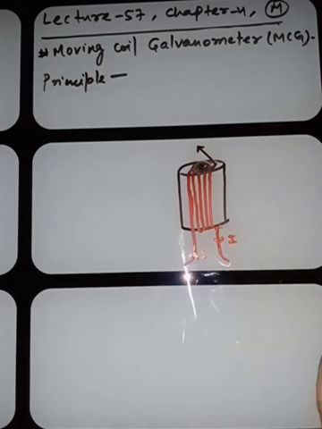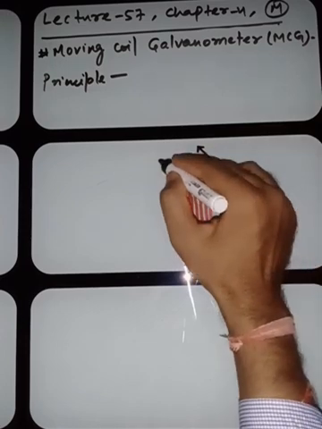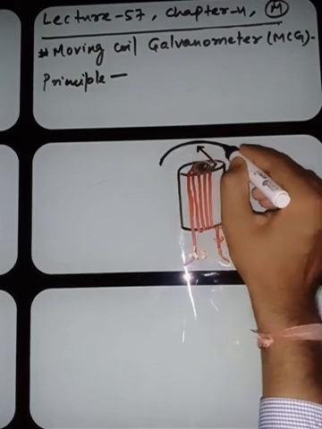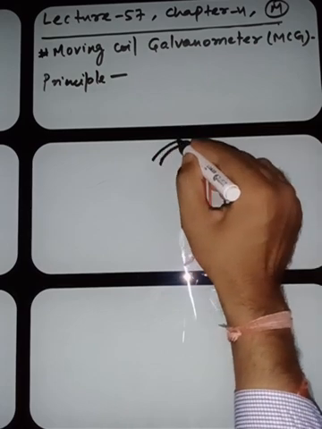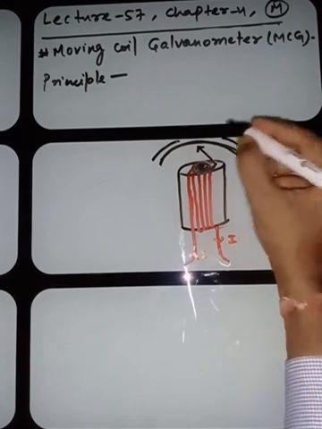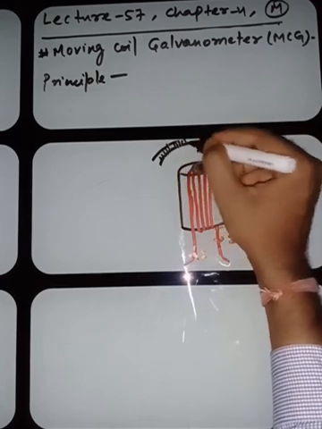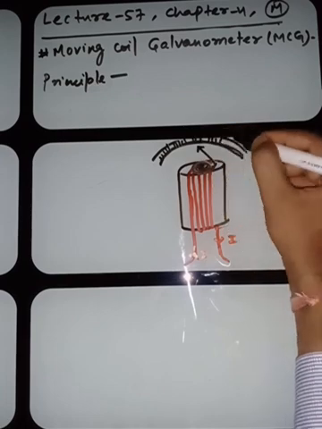This one, this pointer, all right, and this pointer is provided with a scale. There will be a scale on which markings are done. Okay, divisions are given for the measurement.